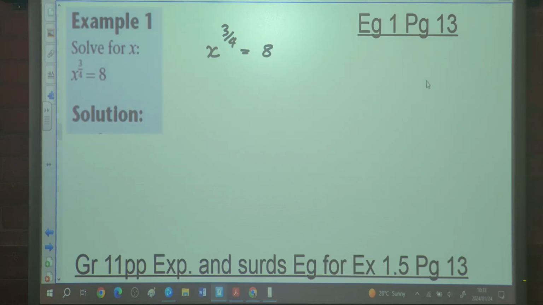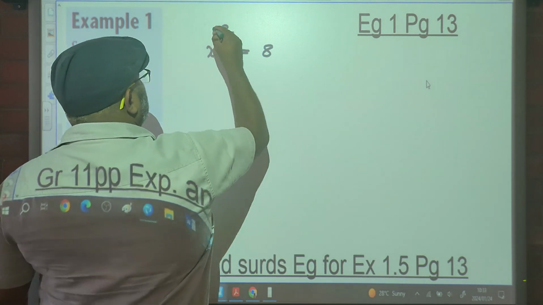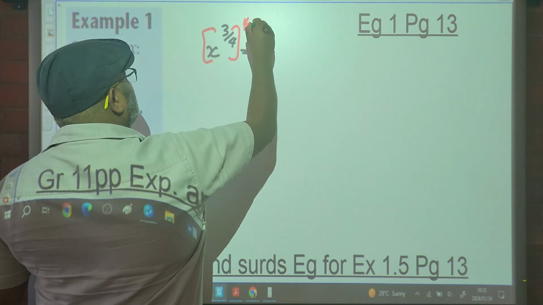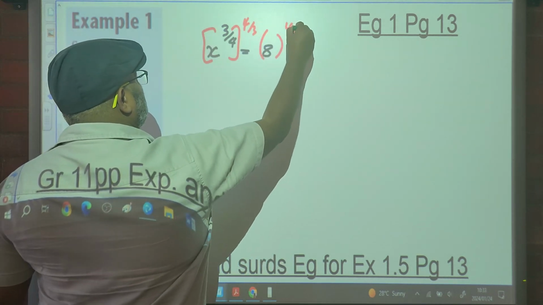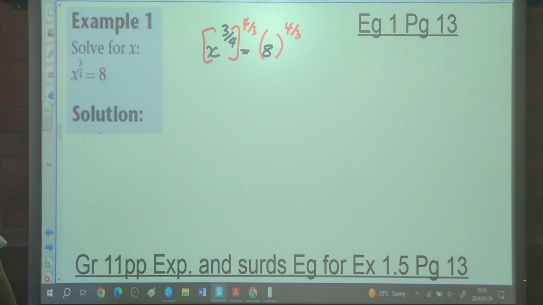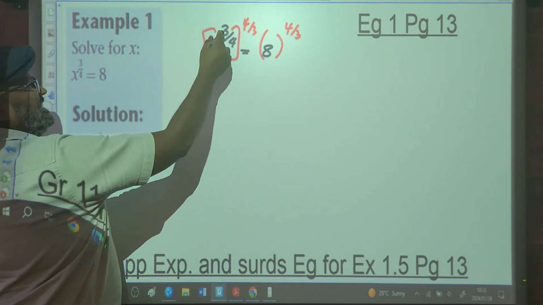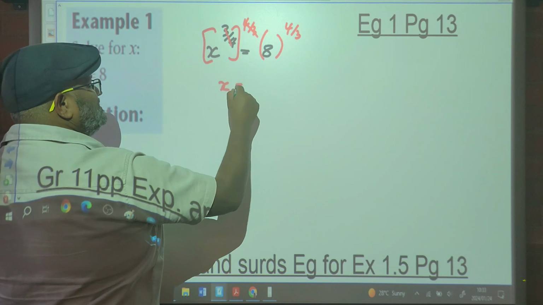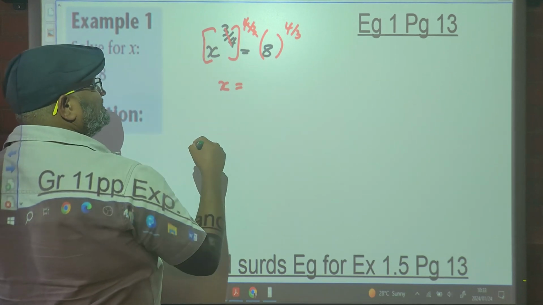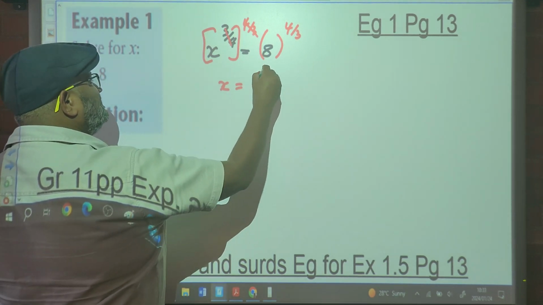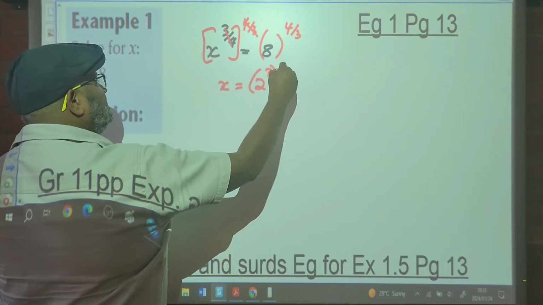And what's the reciprocal exponent here? 4/3. That must also be raised to 4/3. What you do on the one side, you must do on the other side. So of course this cancels, not so? So x is equal to 8, which can be written as 2 to the exponent 3, raised to the exponent 4.